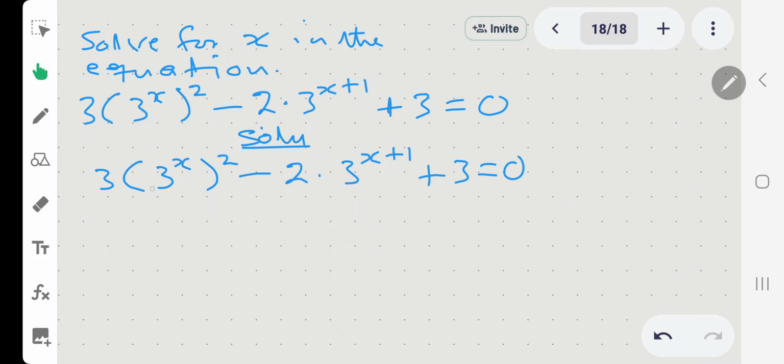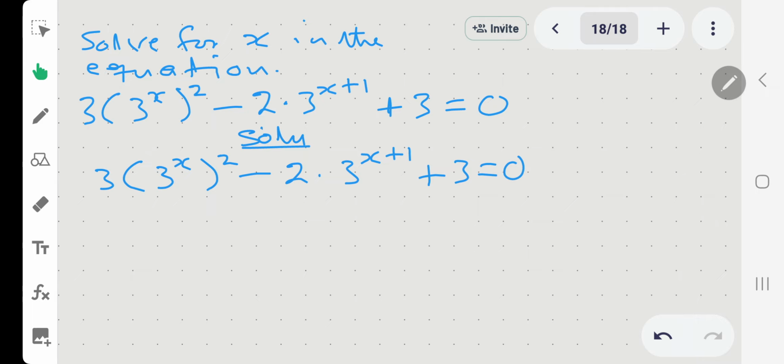So here, looking at the nature of the question, we need to apply the basic rule of indices to make justification of some of the terms. For instance, if we have 2 multiplied by 3 raised to the power x plus 1, this 3 raised to the power x plus 1 can be expanded in a different form.